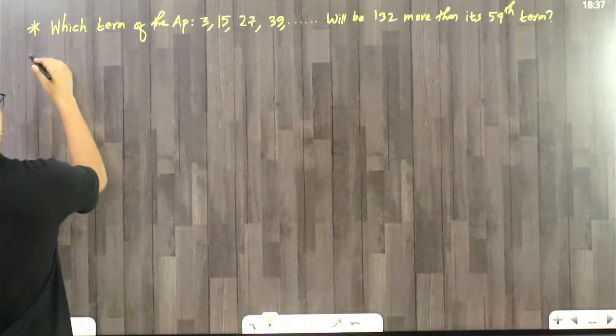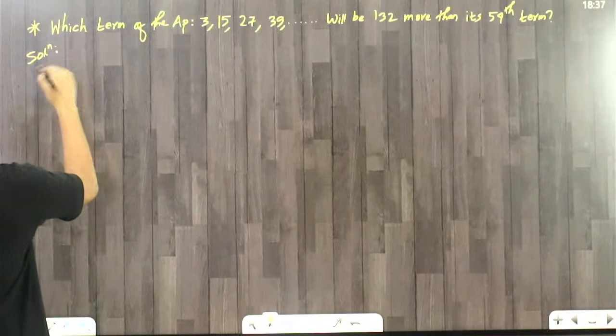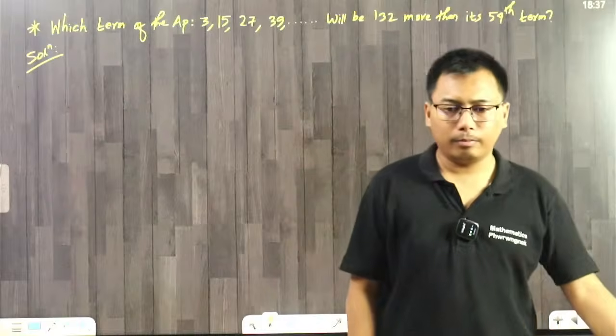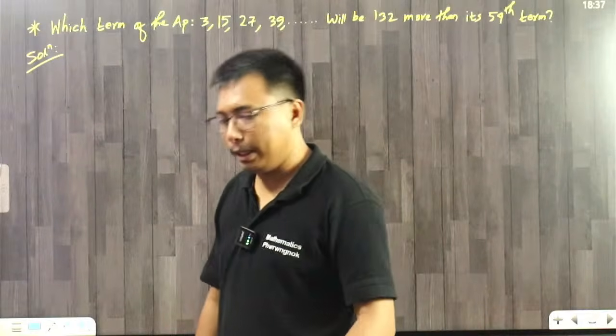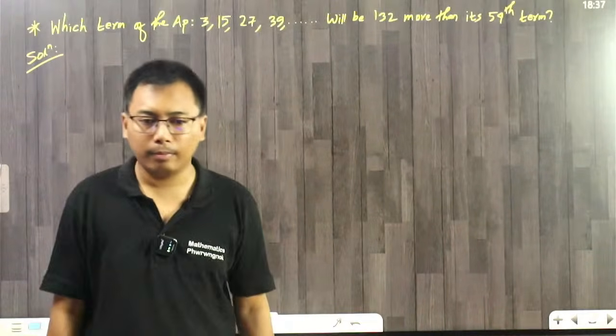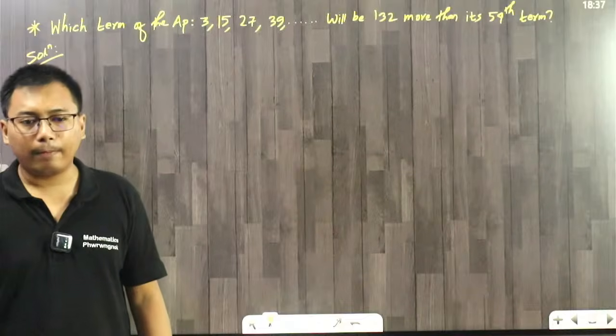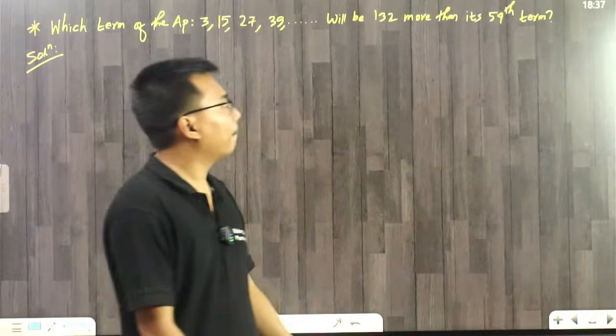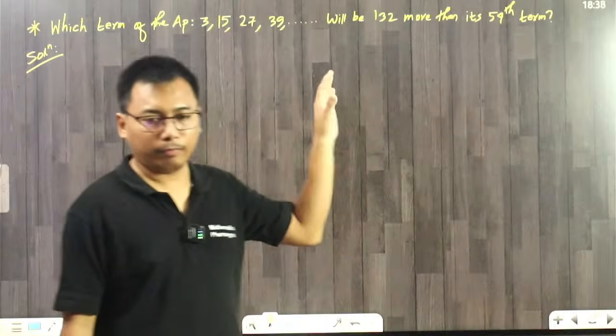All right. Now, this one is a great question. This has even come in the board exam. This is from your NCERT book, and it has even come in your board exam. It's a proper question for this chapter, for this topic.